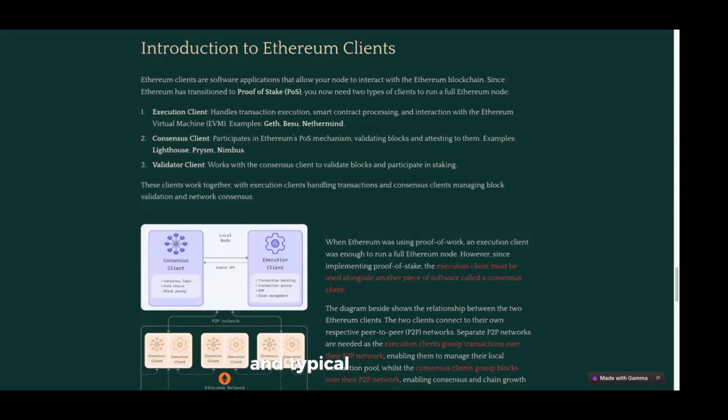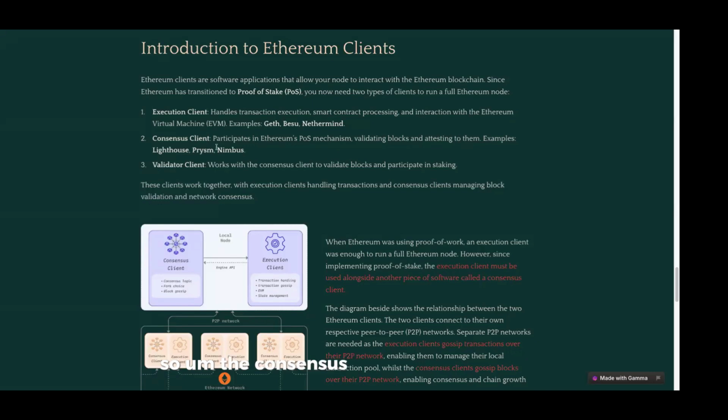Typical examples of the execution client are Geth, Besu, Nethermind. When Ethereum was using proof of work, you only needed the execution client to do all of this. But right now, you need the consensus client as well.